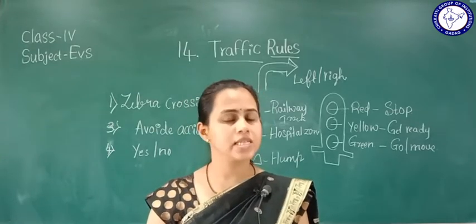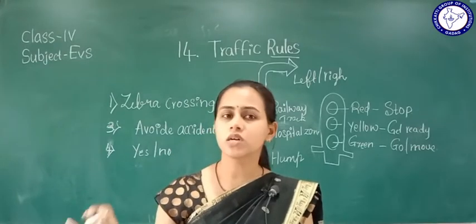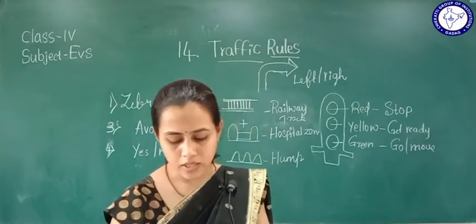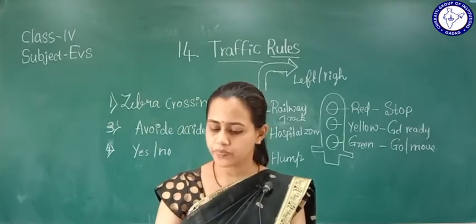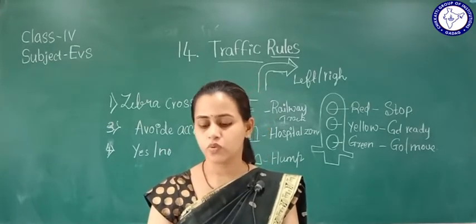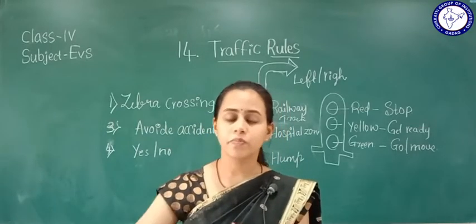Yes, right? As I said, you should follow this. So you never play on the road. You can board a moving vehicle or alight from it. No, right? So we should always wait till the vehicle passes, right?